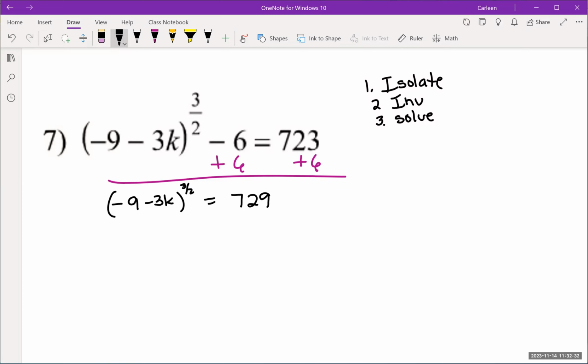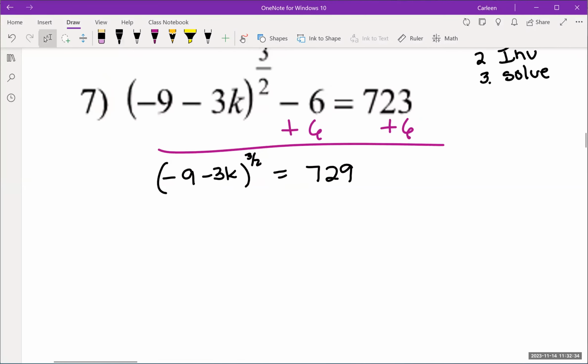Okay, next step. Not multiply. What do I call it? Raise everything to the 2/3 power. Yeah, we're going to be super careful with our vocabulary.